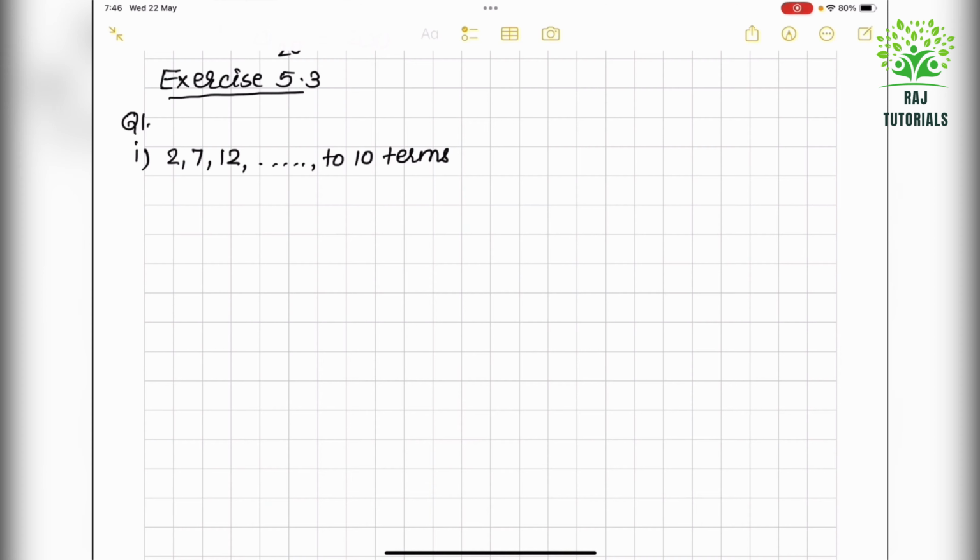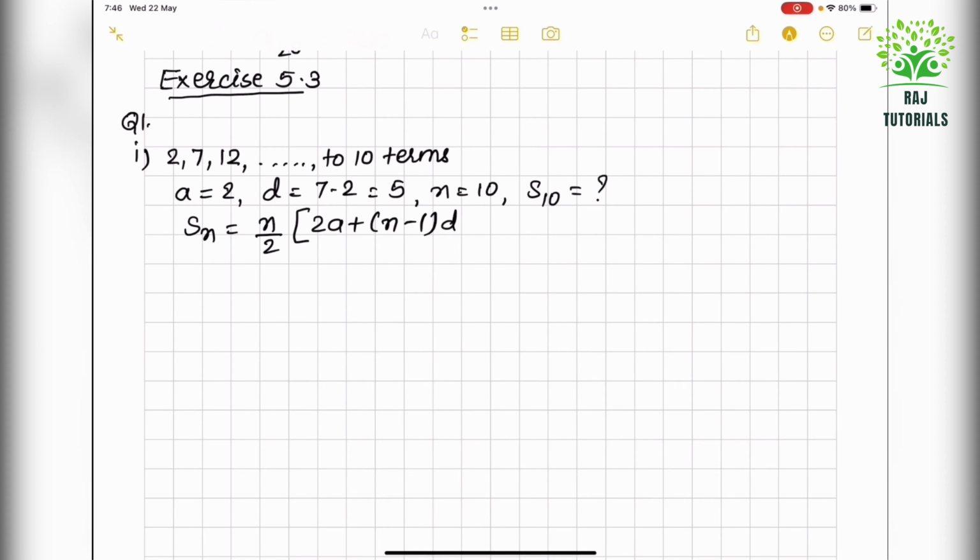Now, here exercise 5.3 question 1 says, find the sum of the following APs. 2, 7, 12, and so on, to 10 terms. So, here a equal to 2, d equal to 7 minus 2, that is 5, and n is 10. So, I have to find S10. So, Sn equal to n by 2 into [2a plus (n minus 1)d].